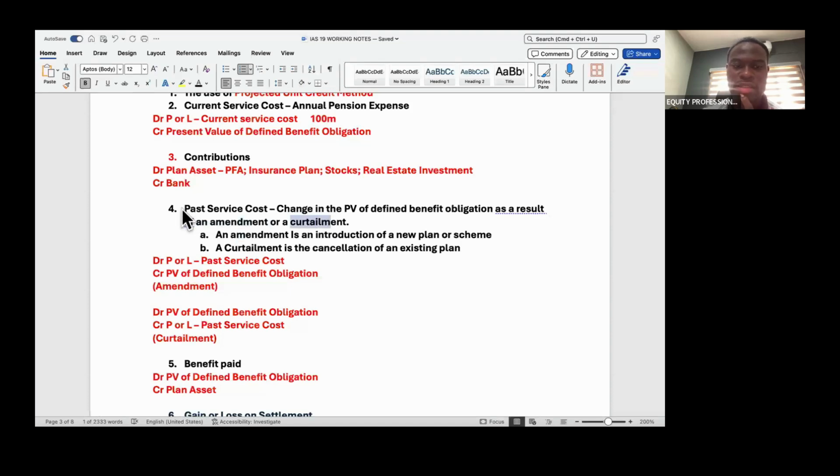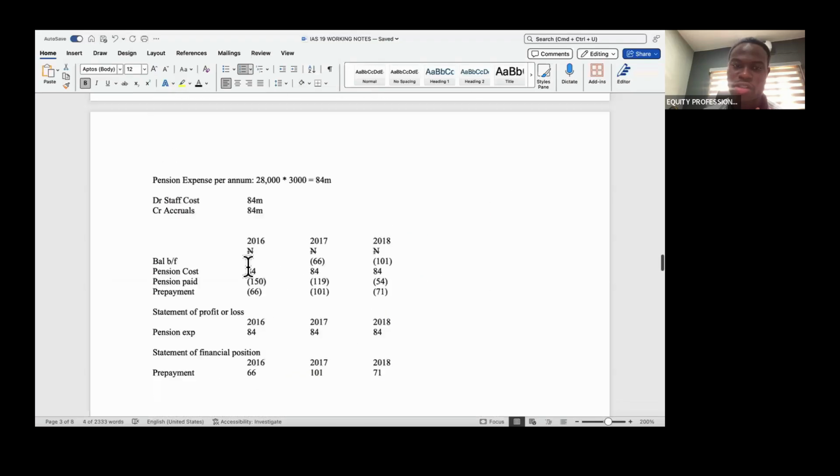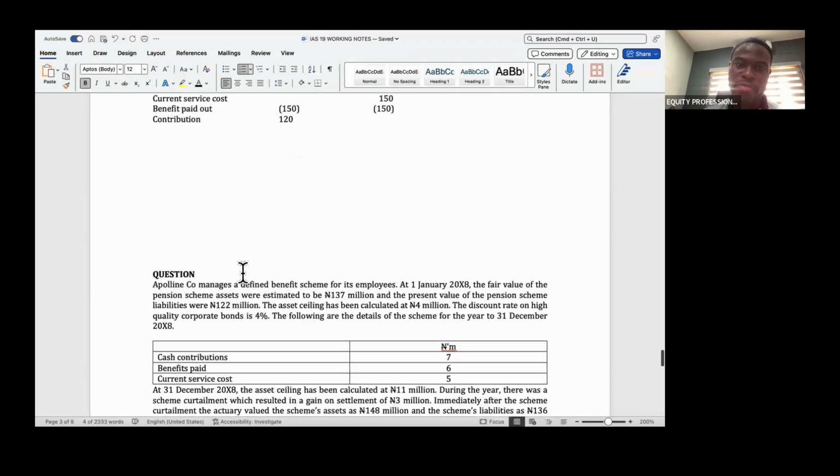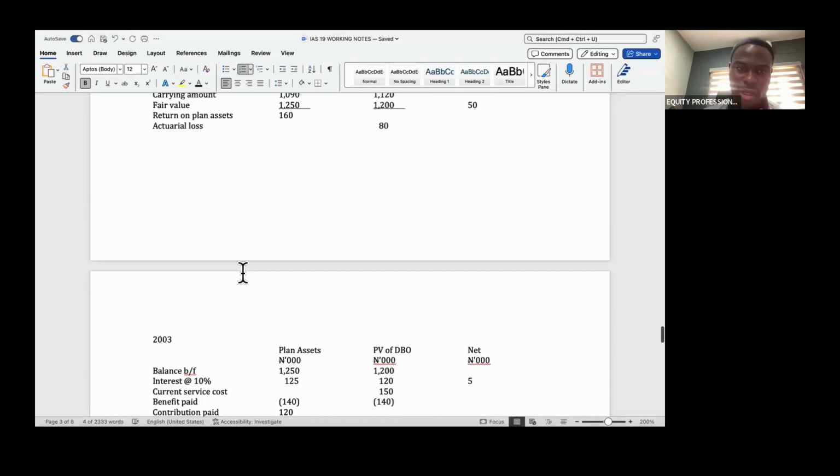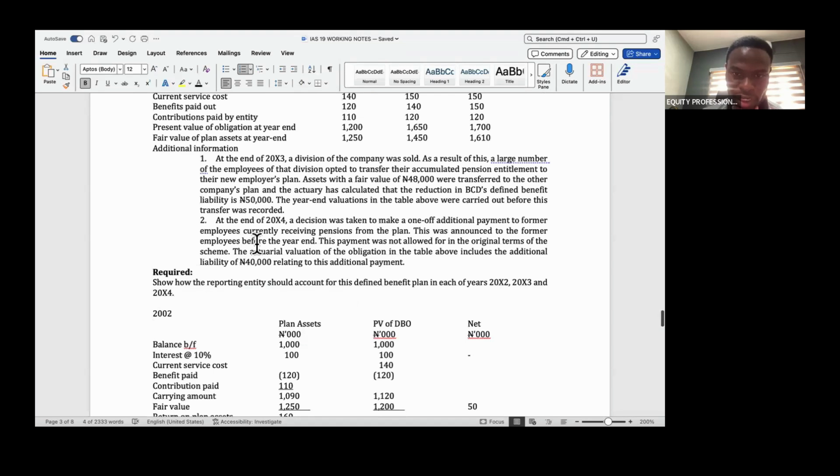So this is actually a past service cost because it's resulting from an amendment. There is an additional payment to former employees, an additional plan to them.